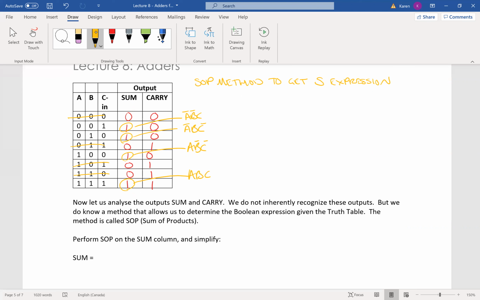And then the Boolean expression that gives us this output is just the sum of all of these products I just wrote down. So sum, or the expression S, is equal to the sum of all these products.